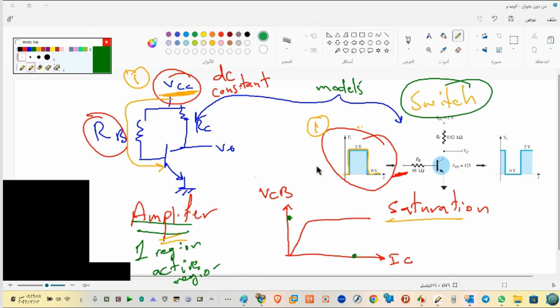In a switch, I need two regions: saturation here, or sometimes cutoff, or off, or zero. So in active, I need just one region, amplifier. In a switch, I need two regions, on and off.